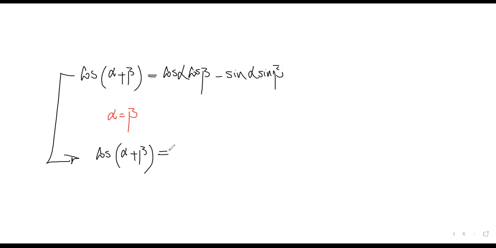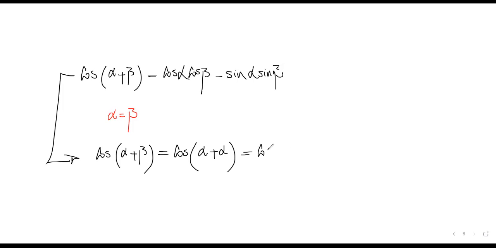Then we say that the cosine of alpha plus beta is essentially the cosine of alpha plus alpha. Then I'm just going to apply the same identity that we learned, the cosine of the sum of two angles, to find that.